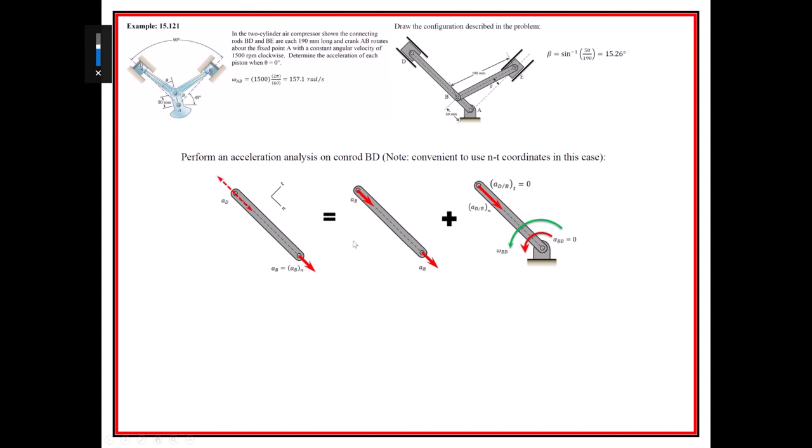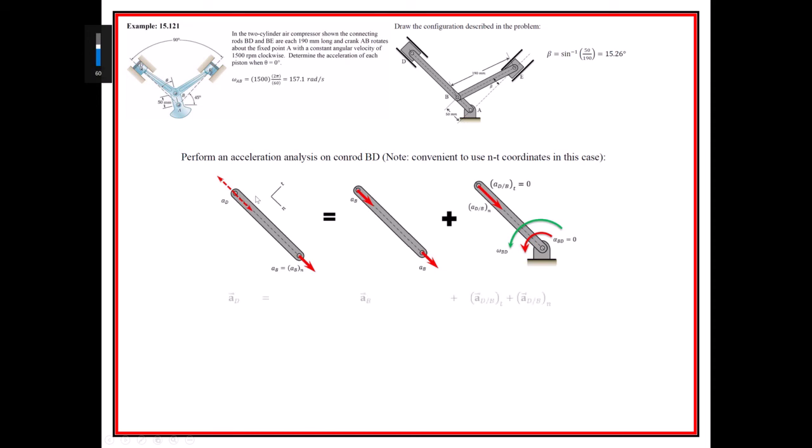And then we could do an acceleration analysis of BD now that we know this. We know that AD has to move in a straight line position. It can't go to the left or the right. And we already have the acceleration of B, which happened to be the normal acceleration of this crankshaft right here.